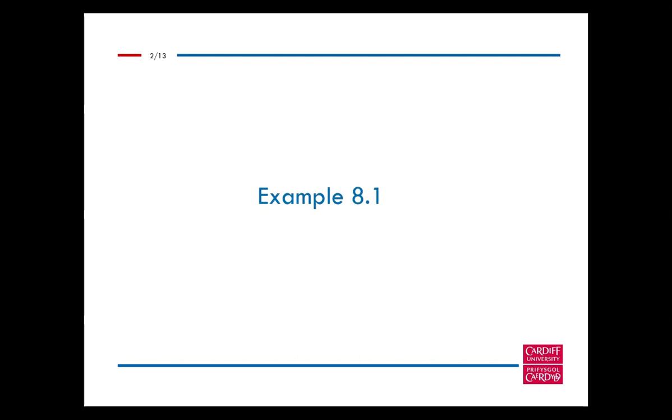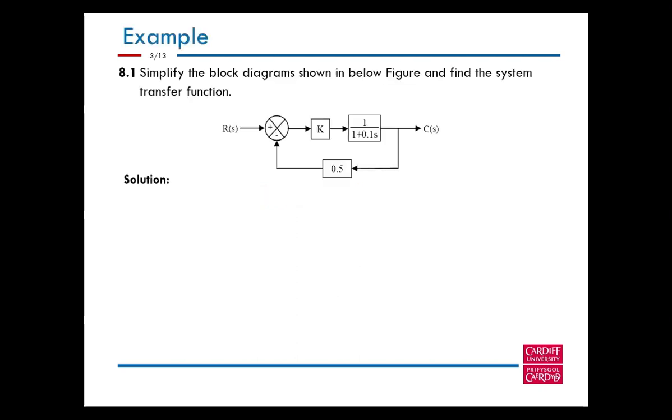So here is example 8.1, which is the top one, and that is the block diagram. You will find there are 3 blocks plus a summing element at the very left hand side. Immediately, we can apply the rule for combining blocks in series, which applies to these two, k and 1 over 1 plus 0.1s.